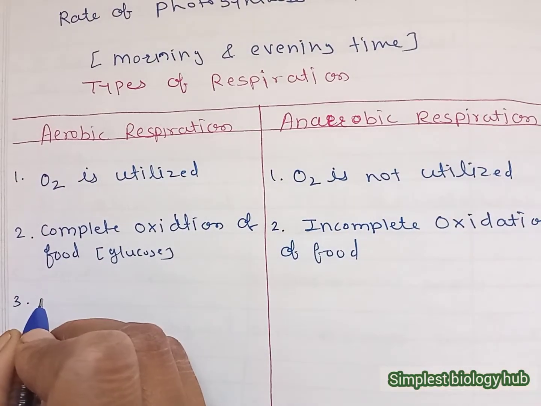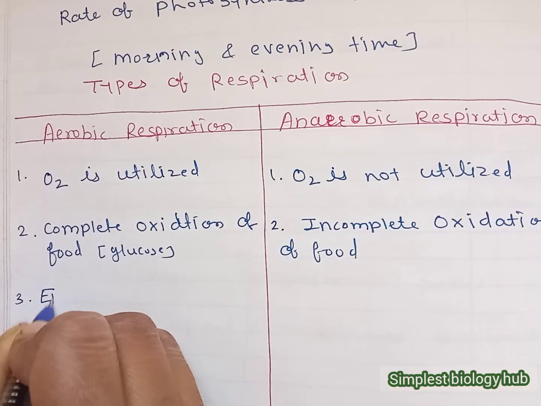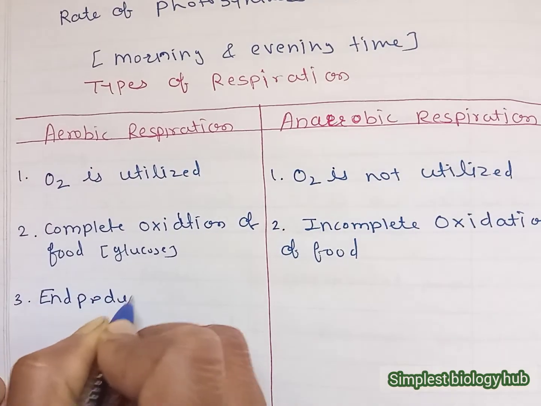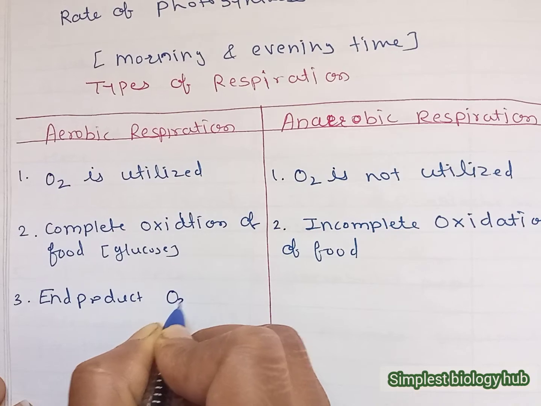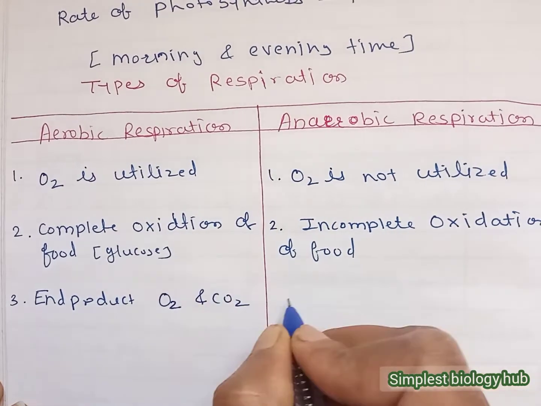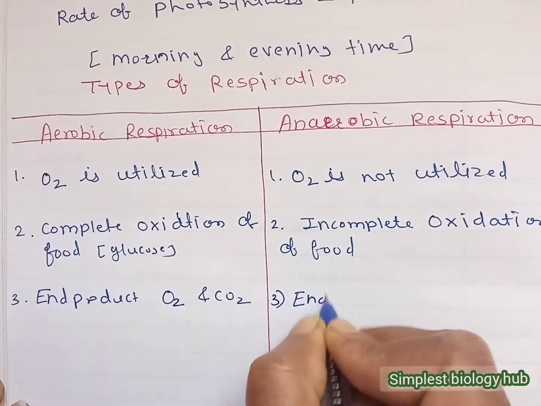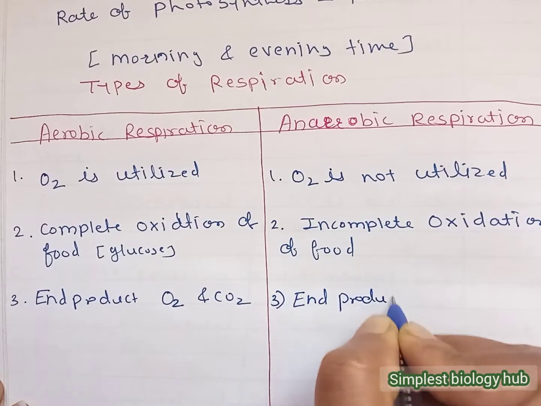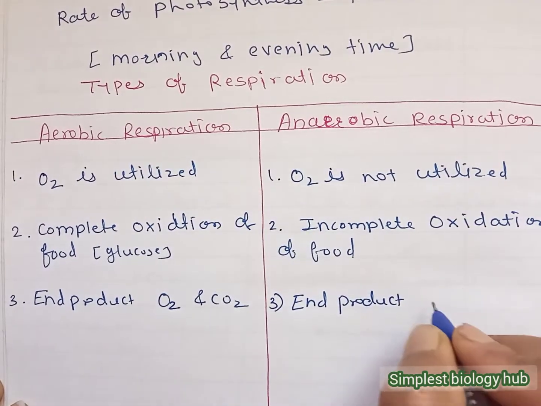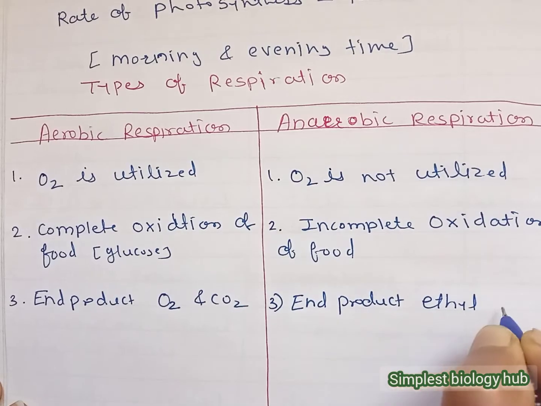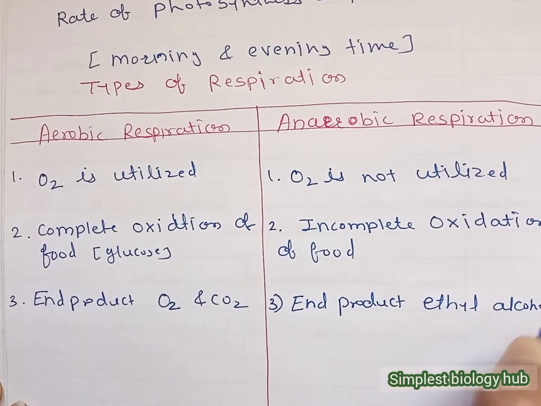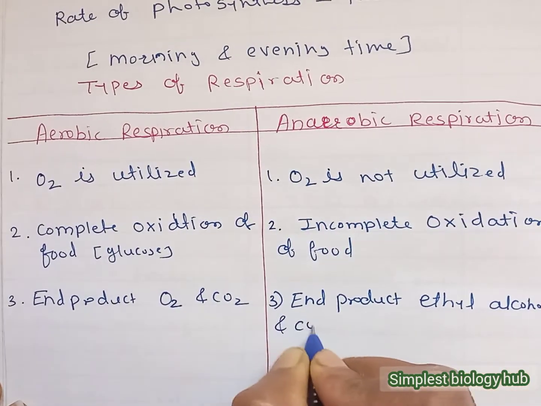The end products of aerobic respiration are water and carbon dioxide, while the end products of anaerobic respiration are ethyl alcohol and carbon dioxide.